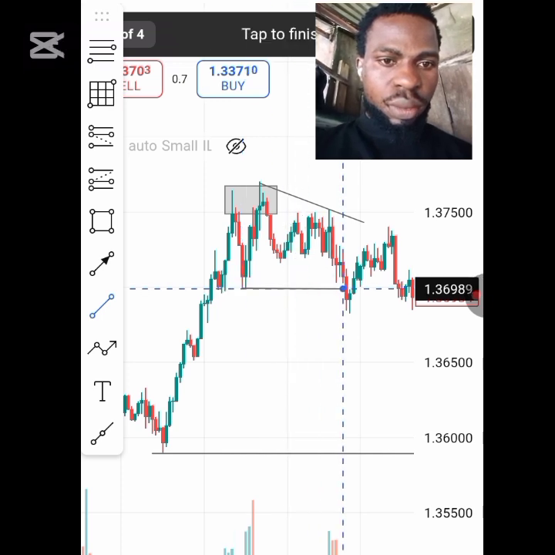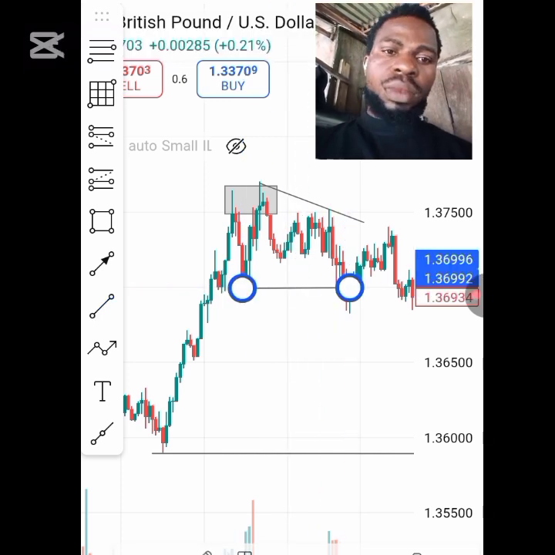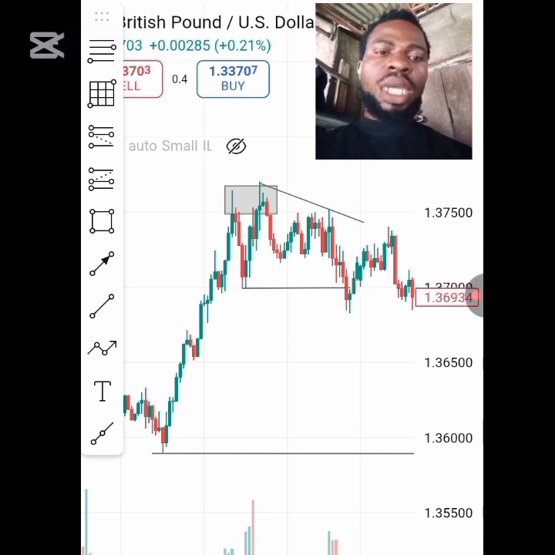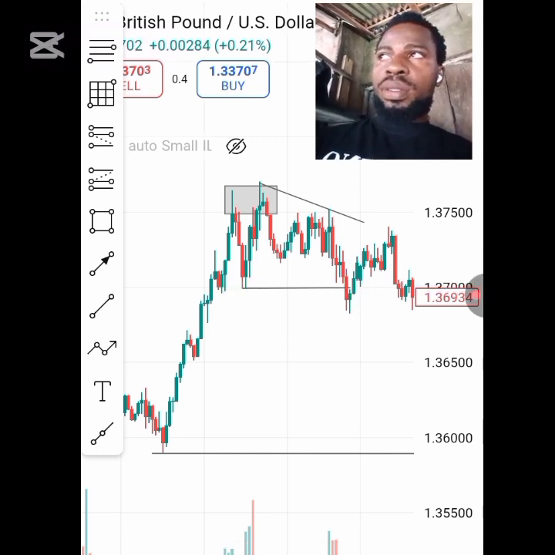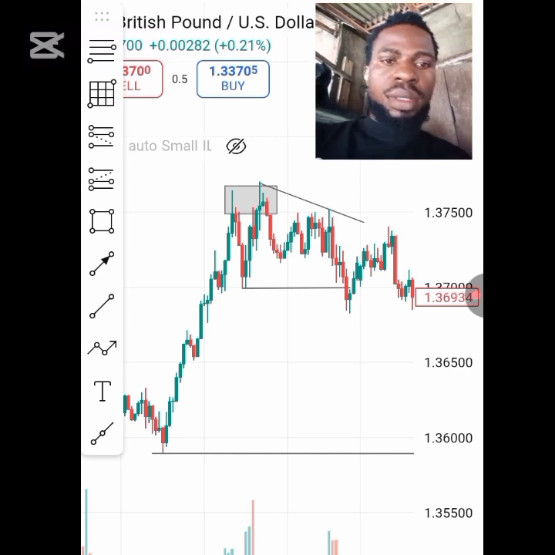So here, as you can see, it's a break of structure on the downside. You can equally call it change of paradigm, because it's the first break of structure. So you now expect to start selling.